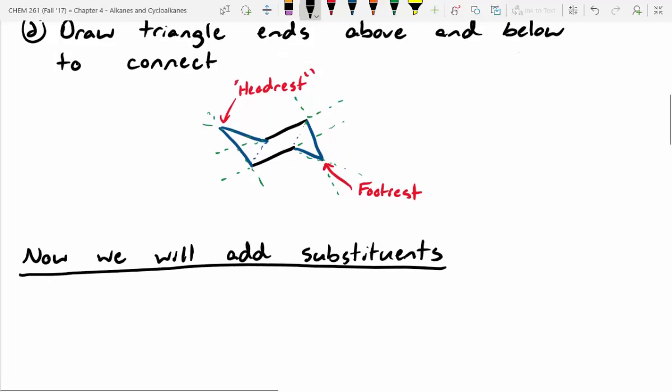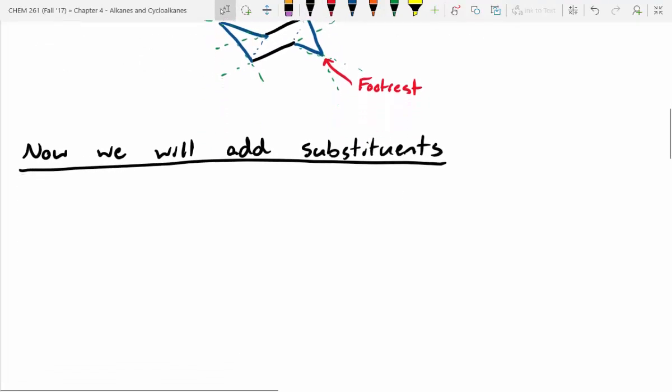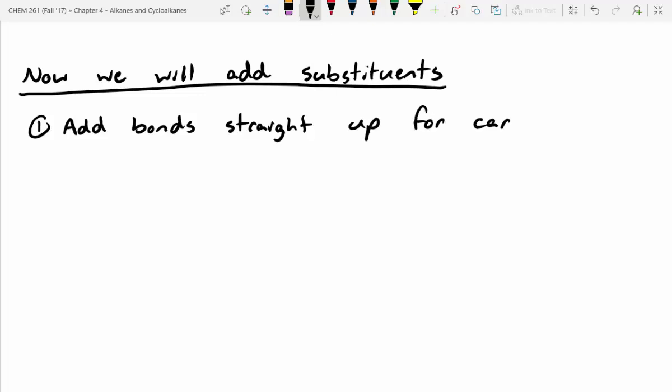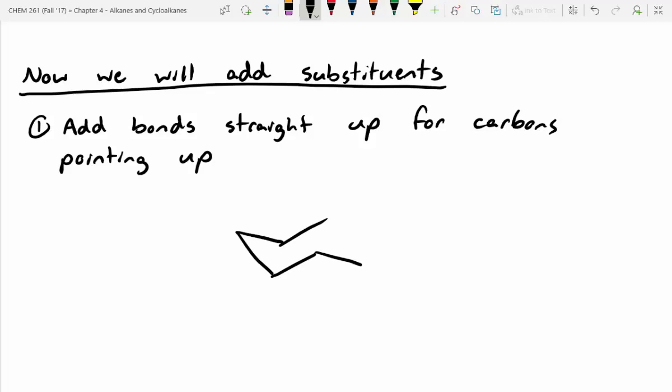All right, so let's copy this chair that we just drew, and I'll kind of break it down. We'll do add bonds straight up for carbons pointing up. So if I redo my chair down here, that's my attempt at a chair.